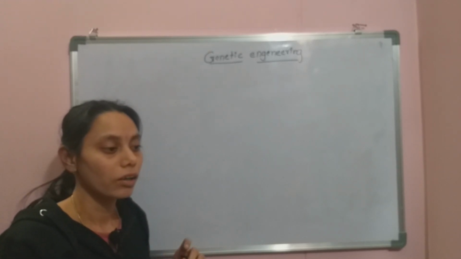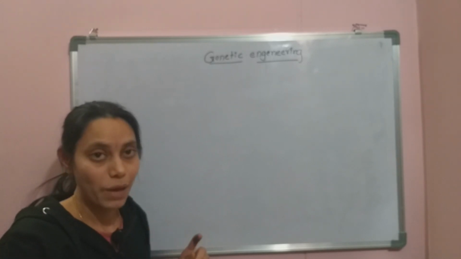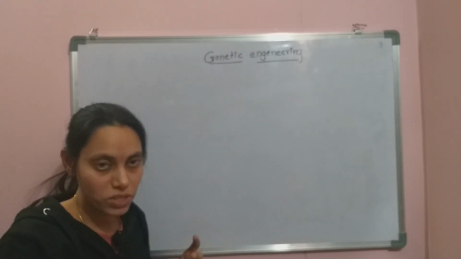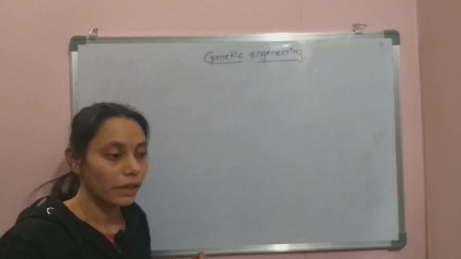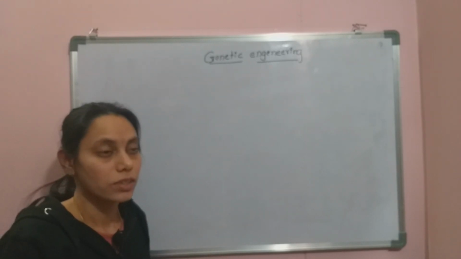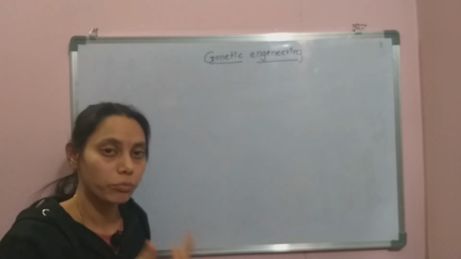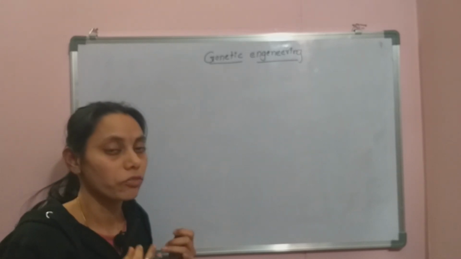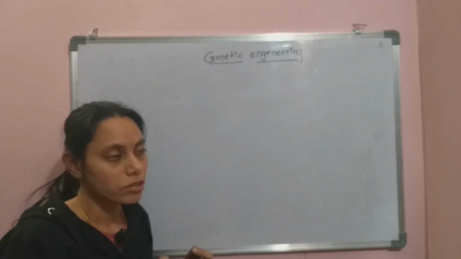Here the human insulin gene is introduced into the bacteria, and these bacteria create more copies of the insulin gene and start producing insulin on a large scale in medical industries. The commercial insulin available in the market is produced through genetic engineering. That is one of the major applications and a very well-known example of genetic engineering.